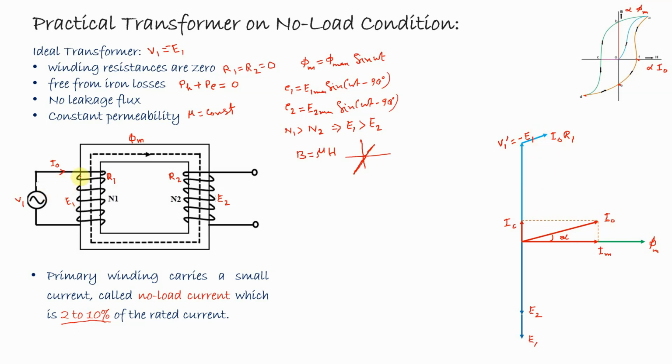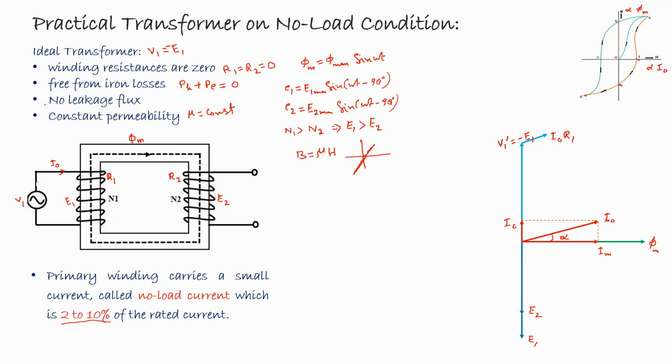As the primary winding is in the shape of a coil, definitely some reactance will also be developed. This is called the leakage reactance, and in this leakage reactance another voltage drop will occur, which is considered as the inductive leakage reactance drop. In case of pure inductance, we know that the current lags the voltage by 90 degrees.